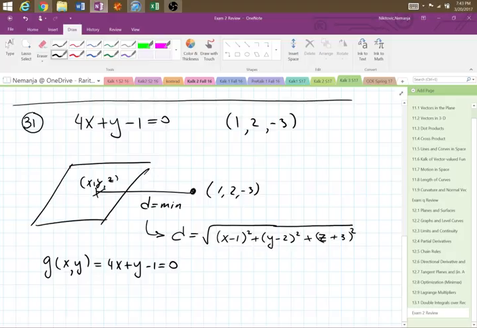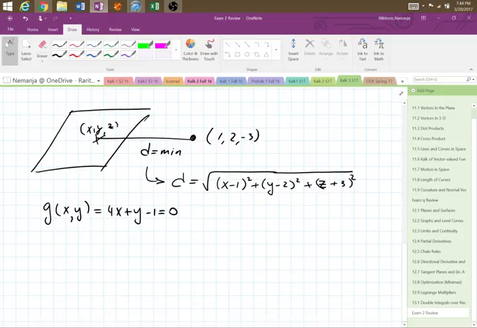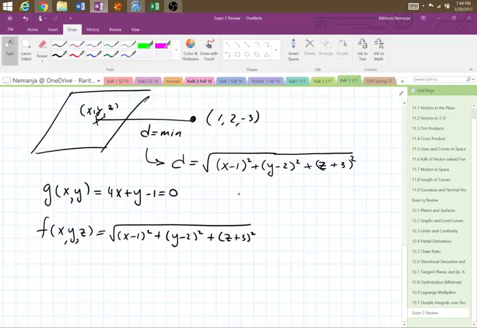I have that now as the f. So f of x, y, z is equal to the square root of x minus 1 squared plus y minus 2 squared plus z plus 3 squared. And now for this one over here, right, we have that z is z0.